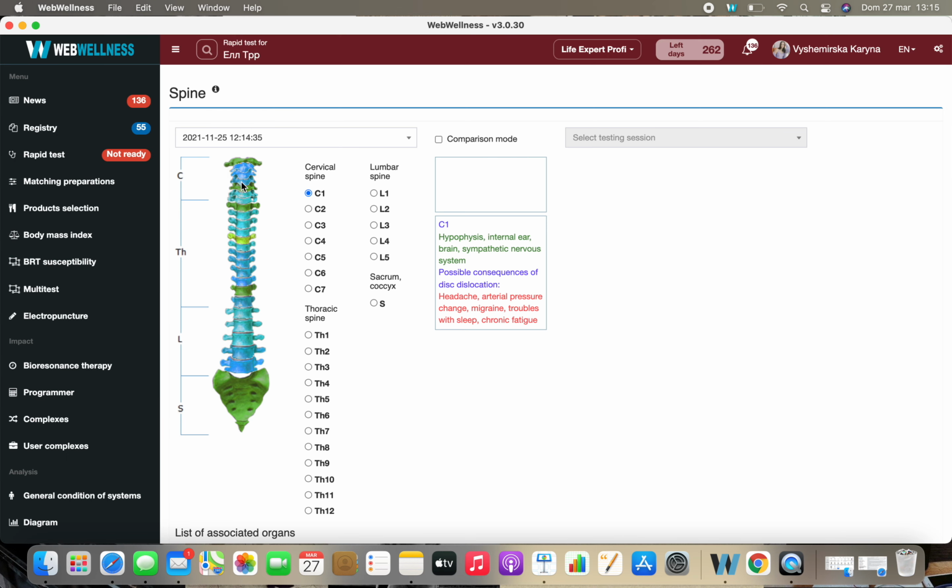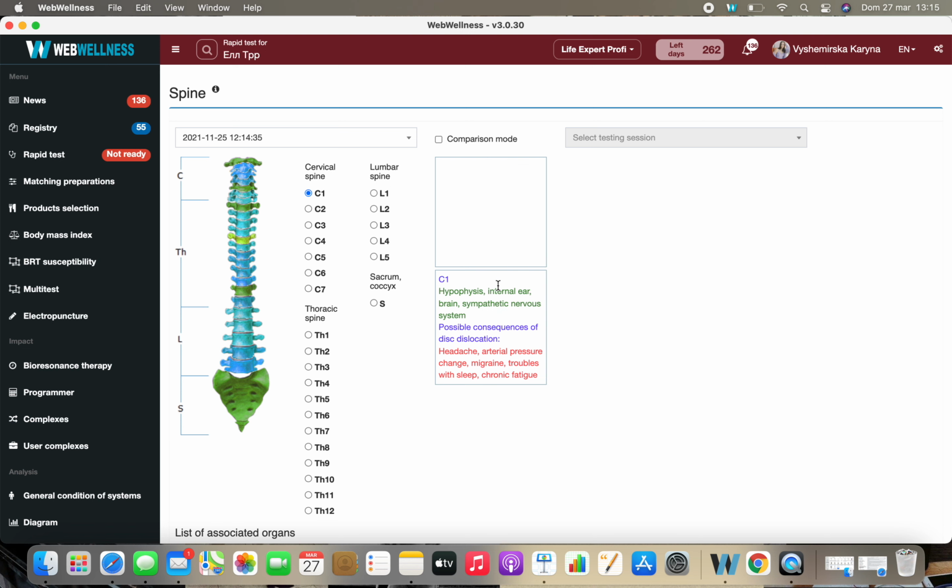Spine. We have measured the organs and systems, and we know that if the organ and system is suffering, it can be because of a displacement, dislocation of a spine disc, or the opposite.